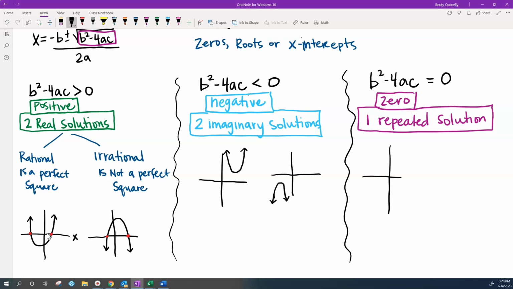And basically what's happening, if we were to graph it, remember our solutions are where they're hitting the x-axis. So it's like a parabola that hits the x-axis and then bounces back up. So it's only going to be there at that one point. And that also would work if it's upside down as well, and still have something like that happening.